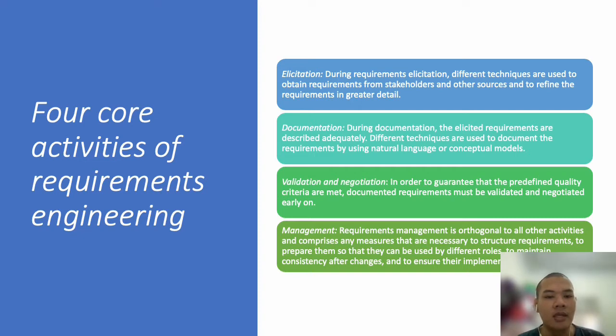Requirement management is orthogonal to all of the activities and comprises many measures necessary to structure requirements, to prepare them so they can be used by different roles, to maintain them constantly after change, and to ensure the implementation of the system is the same as the stakeholders' needs.